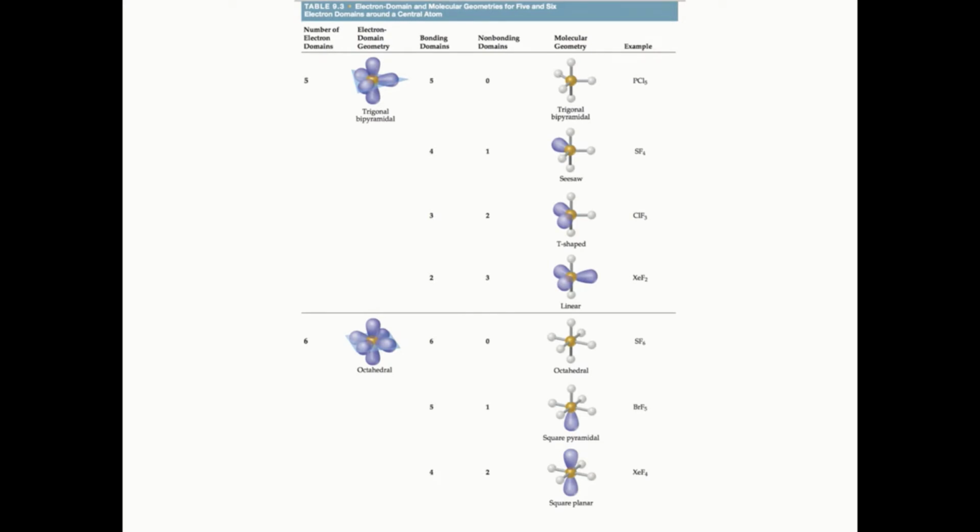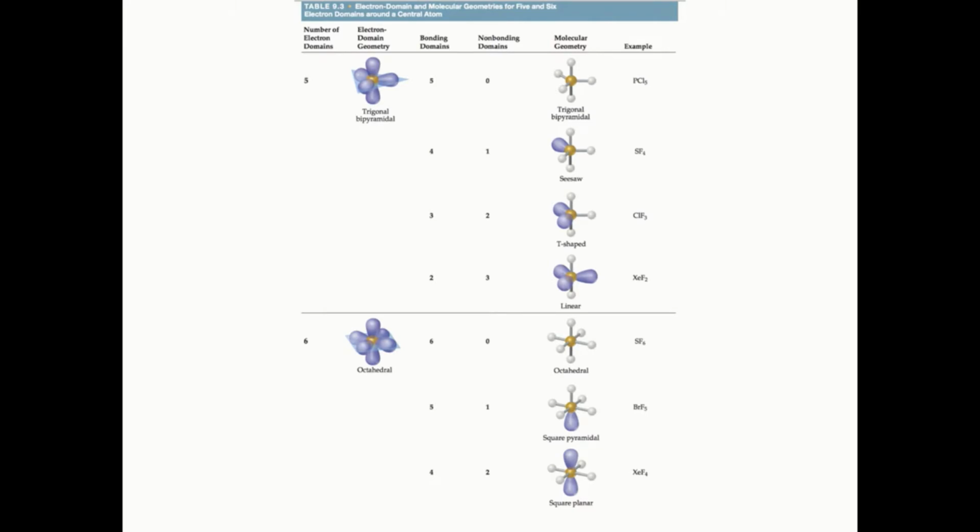Okay. If you look at the octahedral electron domain geometry, we've got 3 different options here. So if I have 6 bonding and 0 non-bonding, the shape is octahedral. If I have 5 bonding and 1 non-bonding, the shape is square pyramidal, because you can see a square at the bottom, and then that 1 atom up top makes it into a pyramid.